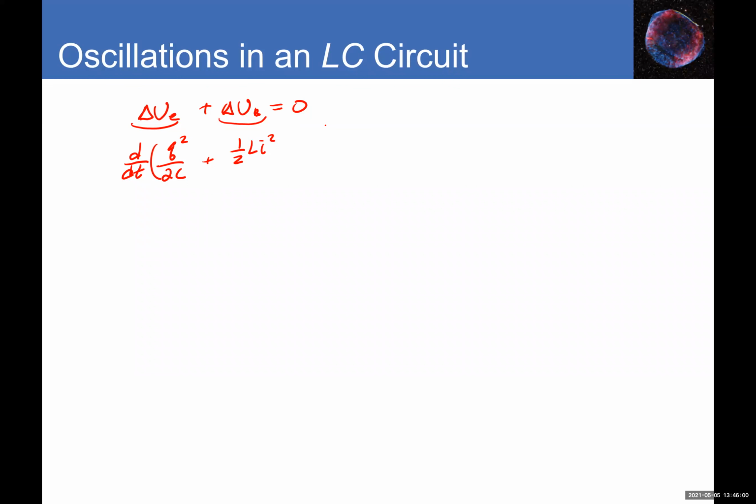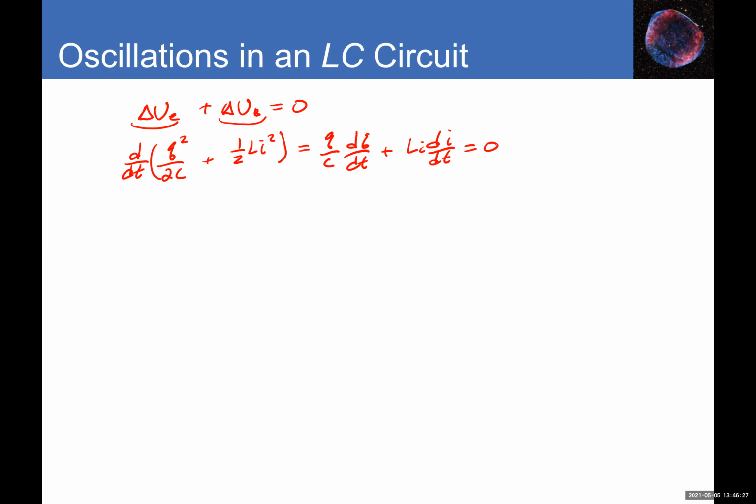I'm not writing q max and I max because as a function of time, it technically changes. It goes from maximum charge to 0 charge, then from maximum current to 0 current. That means it fluctuates back and forth. So then this equals q over C times dq/dt plus L i di/dt, and this equals 0.